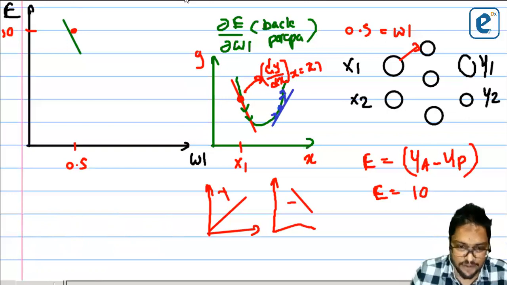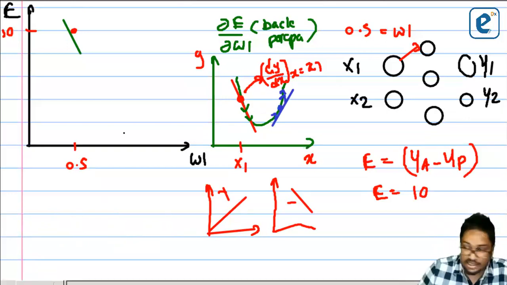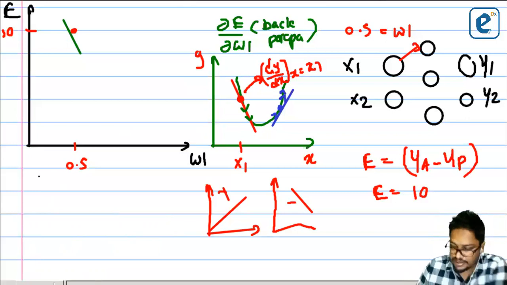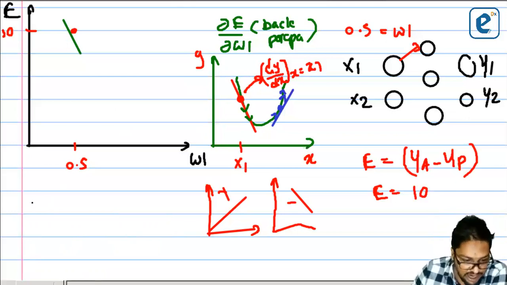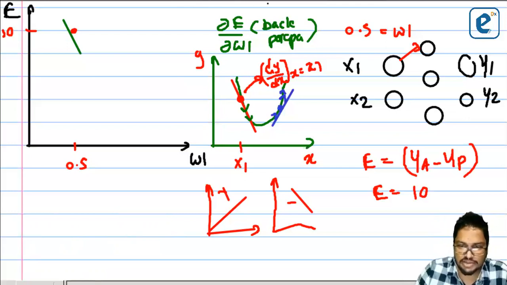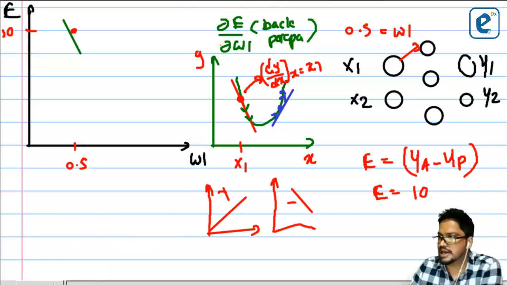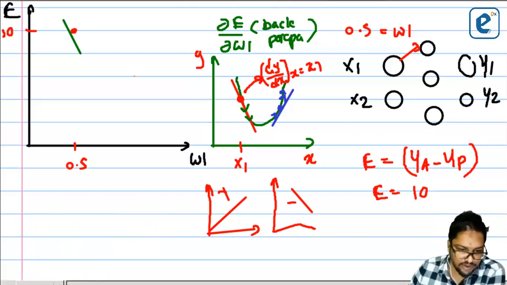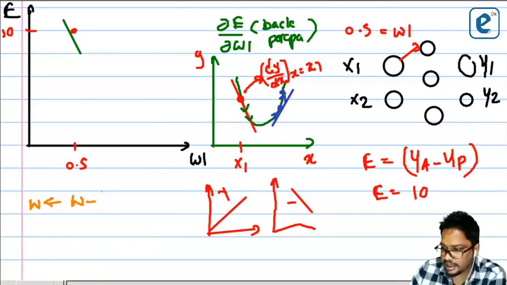We have an algorithm called the gradient descent algorithm. The gradient descent algorithm gives us a way to calculate the new weight. It says the new weight is equal to the old weight minus delta weight.